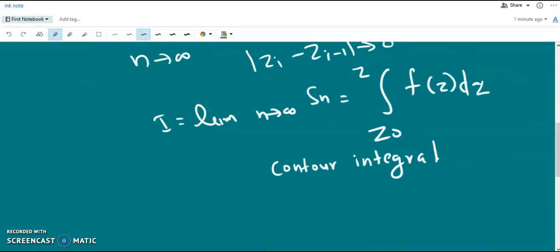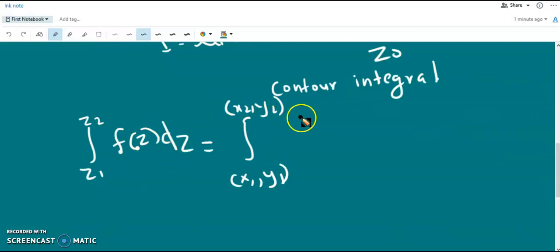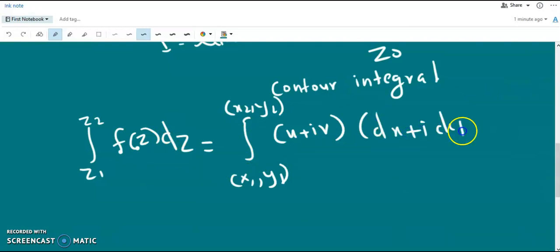Okay, so this integral is the contour integral. Now we can write the integral from z1 to z2 of f of z dz, the contour integral of f of z from z1 to z2. We know that the point z1 can be represented as the ordered pair (x1, y1) and z2 as the ordered pair (x2, y2). Now we have to represent this integral in terms of x and y. We know that f of z is u plus iv, and z is x plus iy, and therefore dz is dx plus i dy.